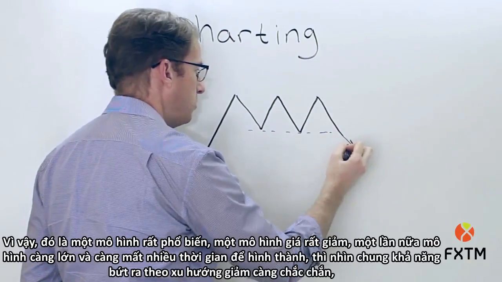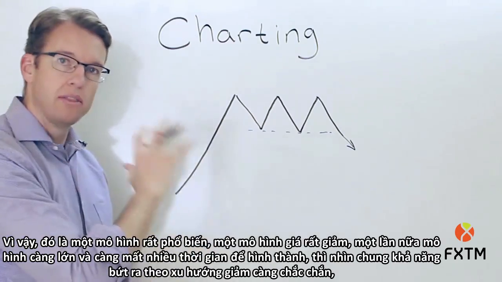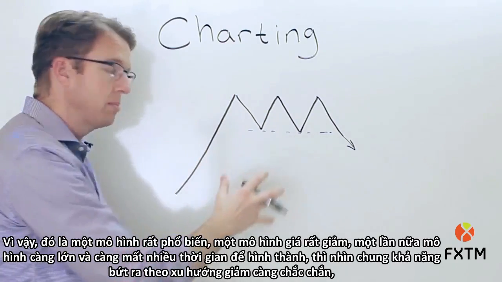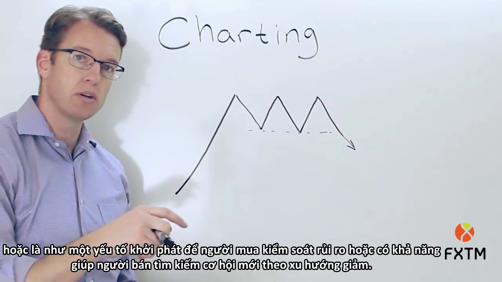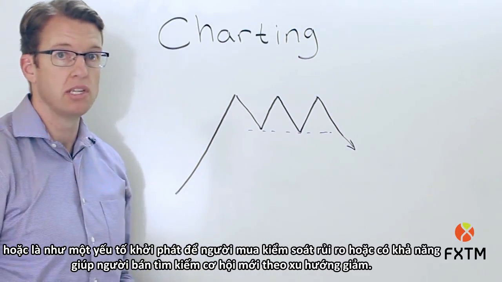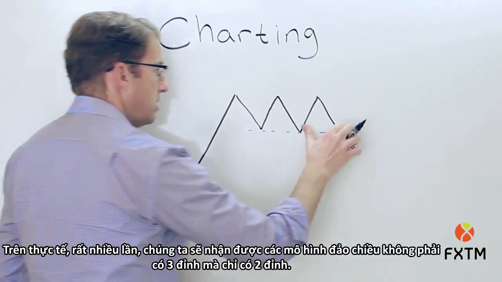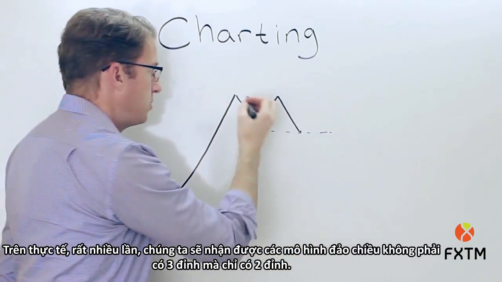So that's a very common one, a very bearish price pattern. Again, the larger and the longer it's taken to form, generally the more reliable that breakout is to the downside, either as a trigger for longs to control their risk or potentially for shorts to look for a new opportunity to the downside.